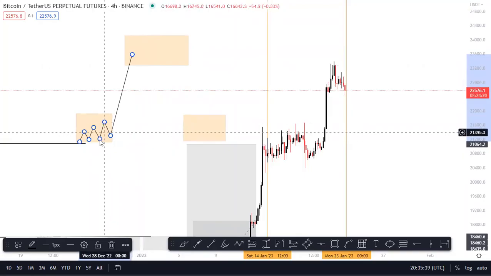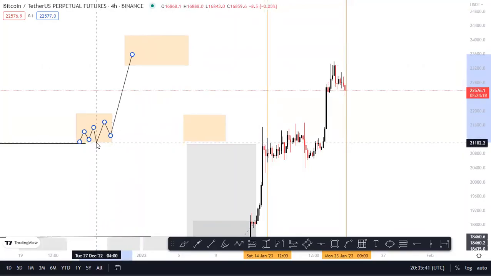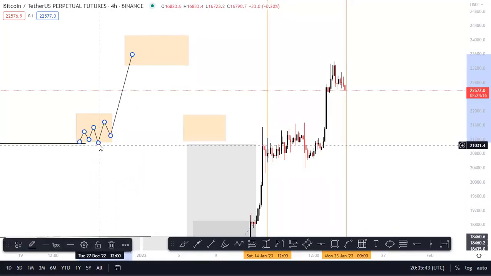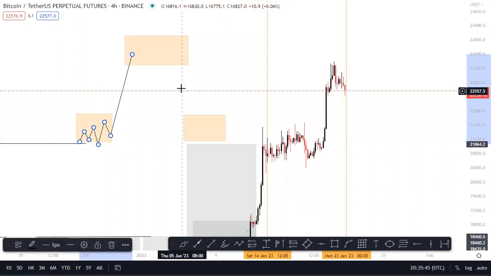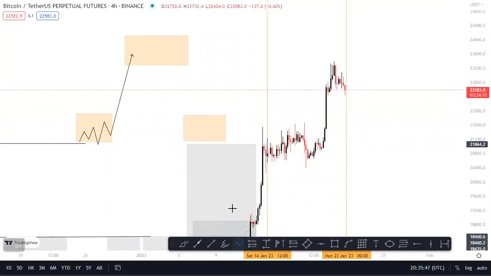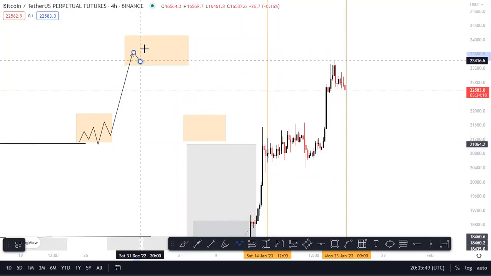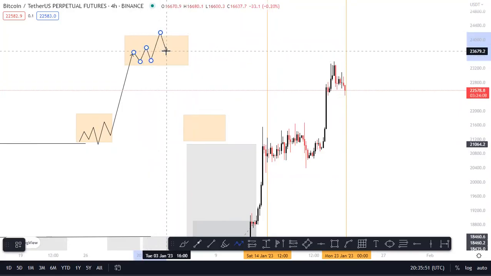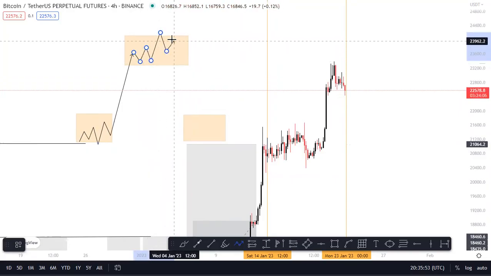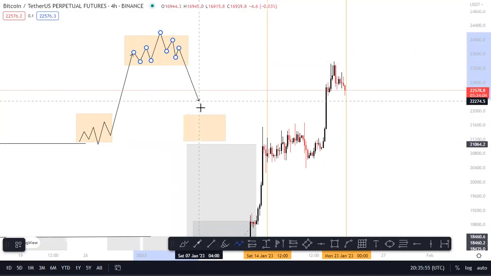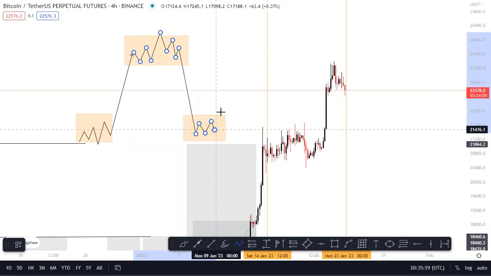The same thing goes with distribution. If you cannot find entry in this distribution phase, and price leaves there, you will hardly find entry in the markdown phase, just like that.